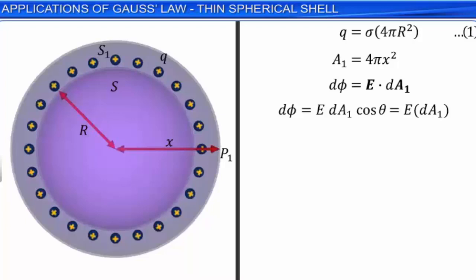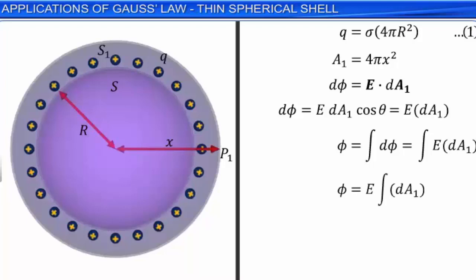The total electric flux phi is now equal to integral d phi, which is equal to integral E dA1. Since E is constant in magnitude for every point on the Gaussian surface S1, phi is equal to E into integral dA1. Now, integral dA1 is equal to A1, where A1 is the area of the imaginary Gaussian surface S1, which is equal to 4 pi x square.